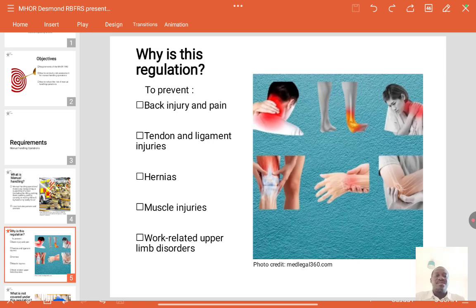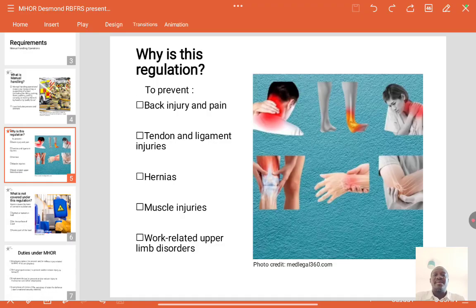Now somebody would ask, why is this regulation important? Why is it important that the regulation is in effect? This is because of injuries that are suffered by workers when they work on their site. And in the picture on the right, you can see that we have back injury and pain, tendon and ligament injuries, hernias, muscle injuries, work-related upper limb disorders.